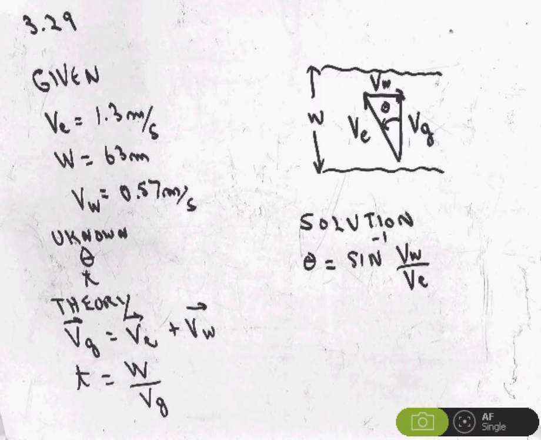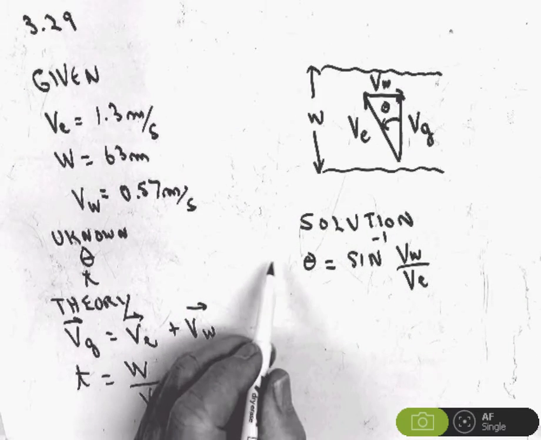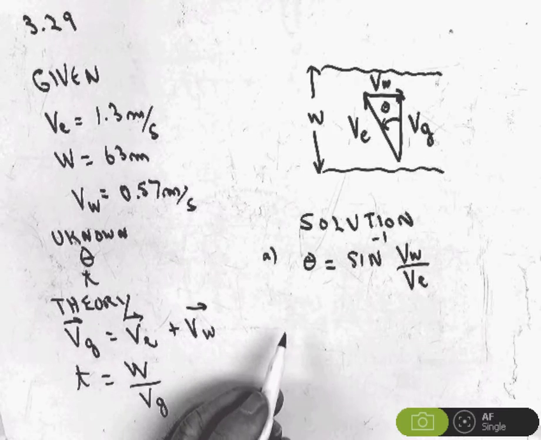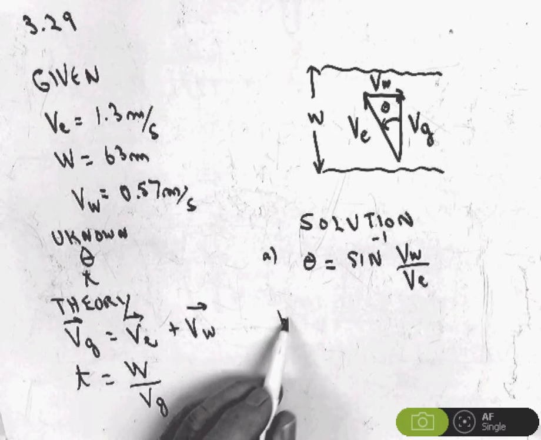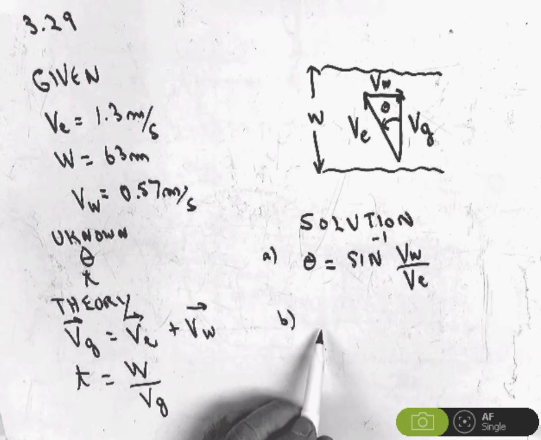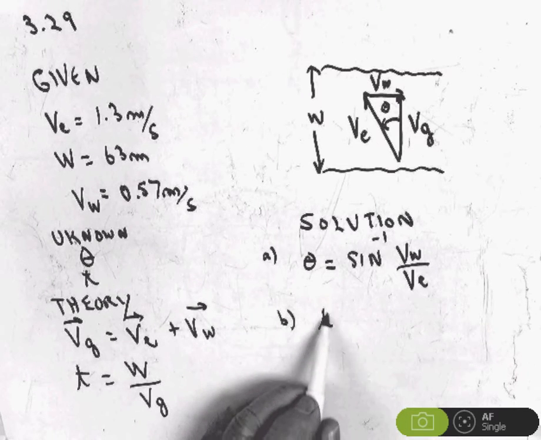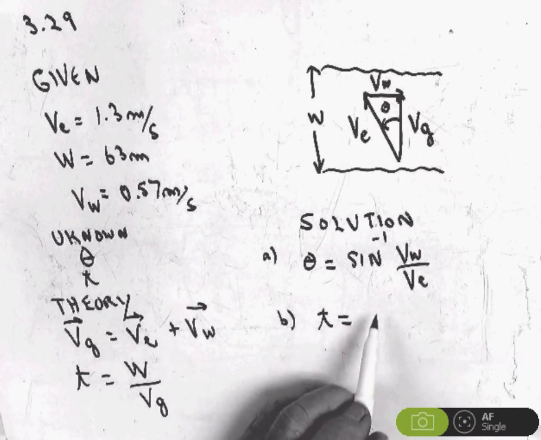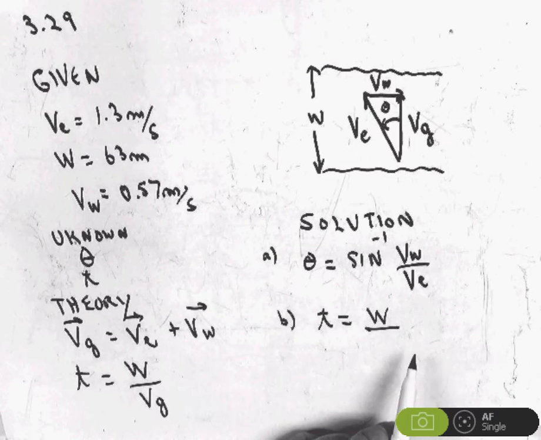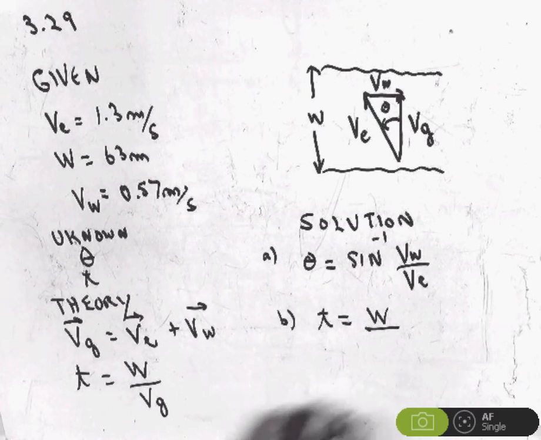That's the angle that you got to point upstream. Okay, this is for the A part, and you can work out the details on that. And then on the B part, that's just a simple plug-in. Okay, actually there it is right there. So just simply take that width, which is 63 meters, and divide it by the result. Well, you're going to have to find V sub g, I suppose, also.